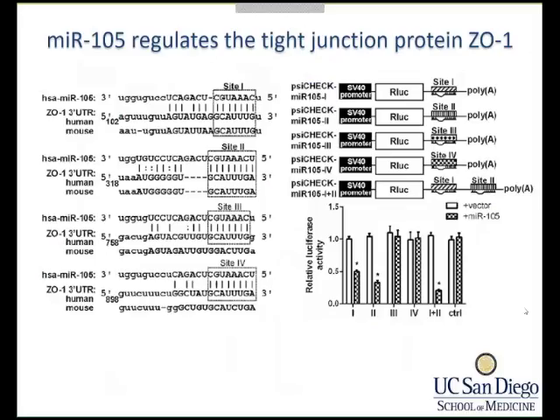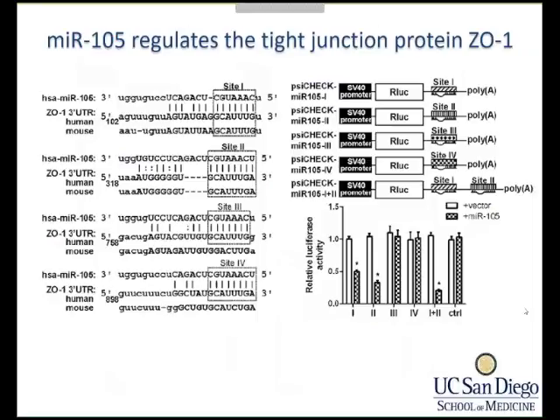The reason we focused on this microRNA also includes that it is predicted to target a tight junction protein called ZO1. This protein is relatively famous in cancer study because it's a very important component of tight junctions, and tight junctions have been shown to be closely related to cancer cell migration and metastasis.